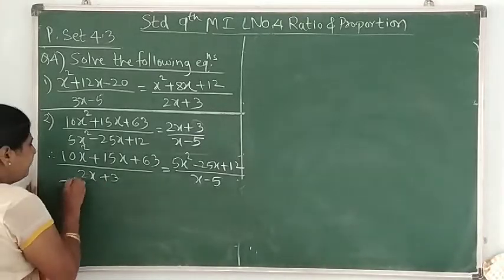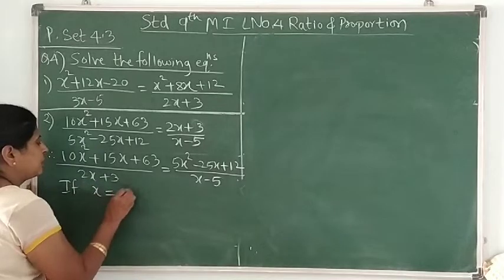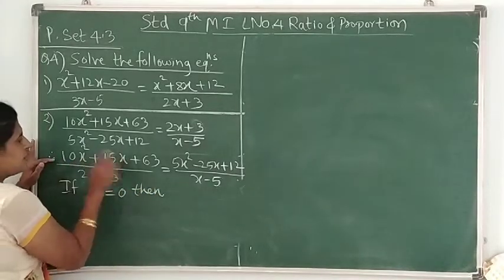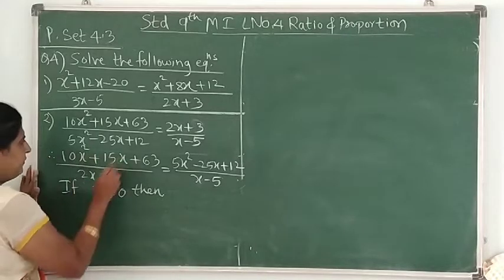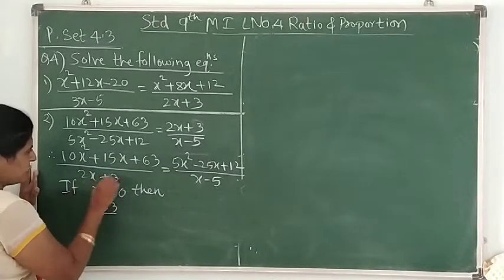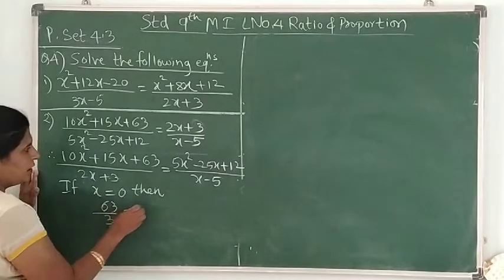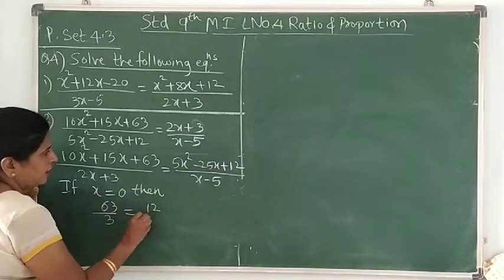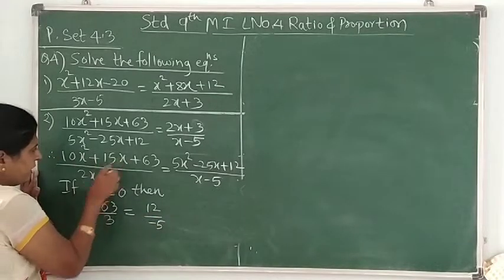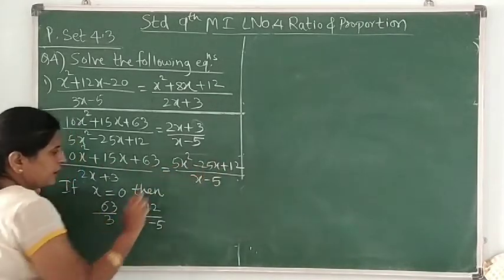See, if x is equal to 0, then what will happen? Wherever it is x, it will become 0. Then we get 63 upon 2x plus 3, that is 3, equal to 12 upon minus 5.